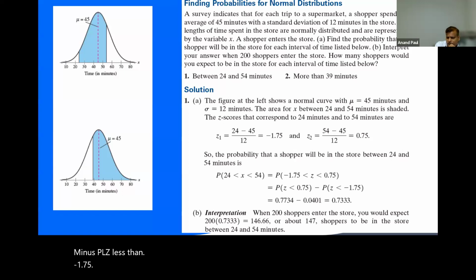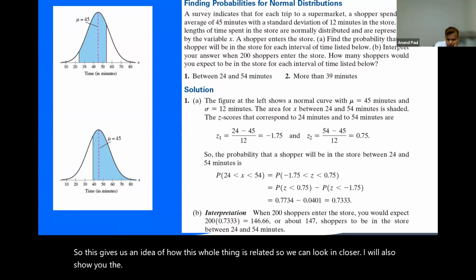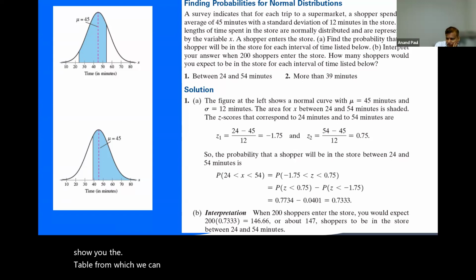So this gives us an idea of how this whole thing is related. We can look in closer. I will also show you the table from which we can access it for minus 1.75 and 0.75.